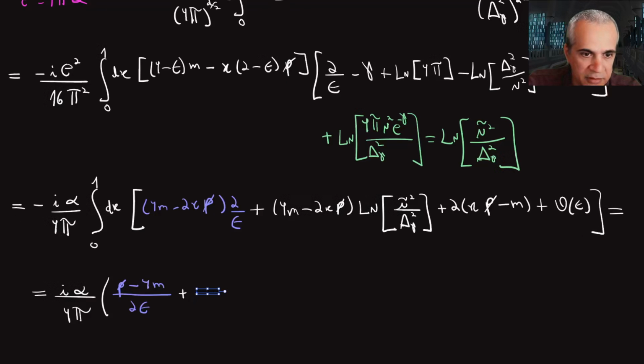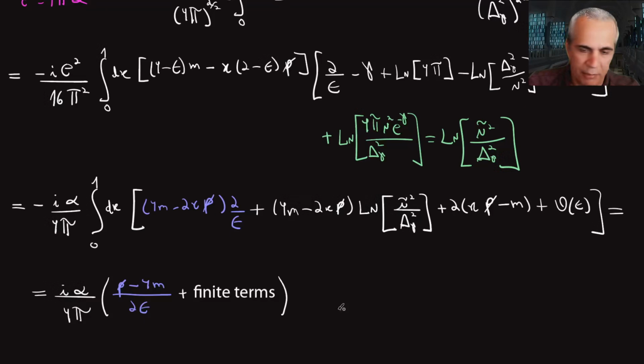Plus finite terms, which have a pretty complicated integral to do because of this part, right? There's x's hidden in here, and that gives you a big analytical expression if you try to integrate.